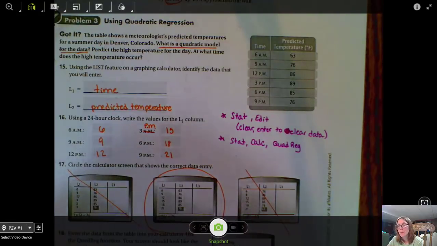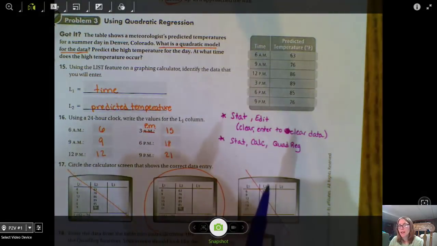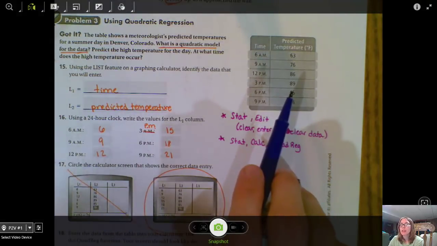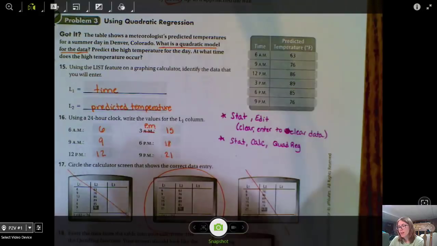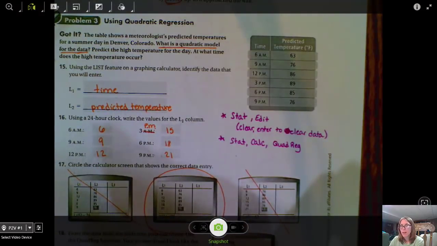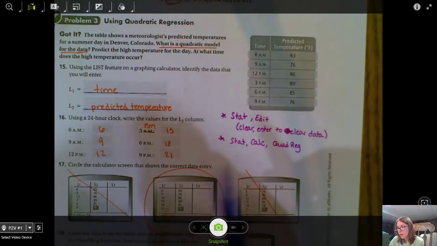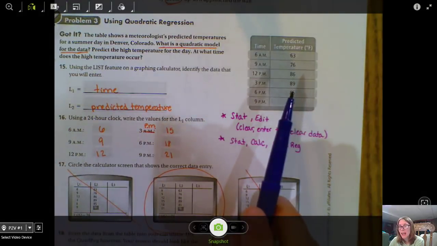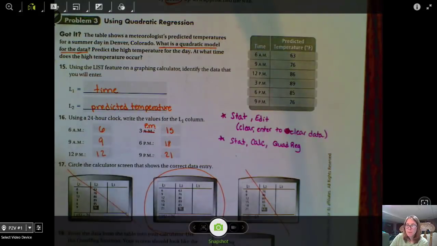It gets as close as we can, but it doesn't fit our data perfectly. So even if these were temperatures that actually happened, there's still a chance our equation could give a high of 88.4 degrees when it actually got up to 89, because of a little margin of error. But quadratic regression still helps us to fit our data pretty well.